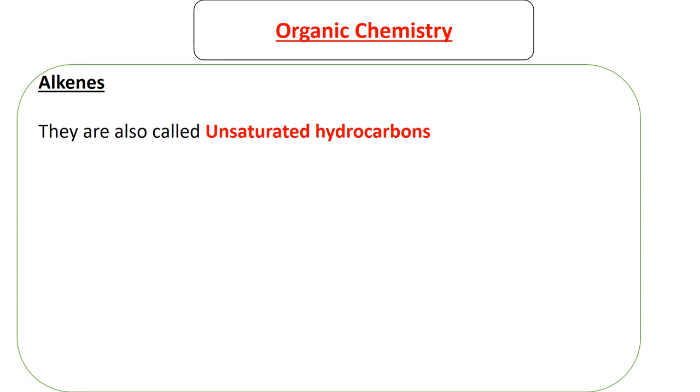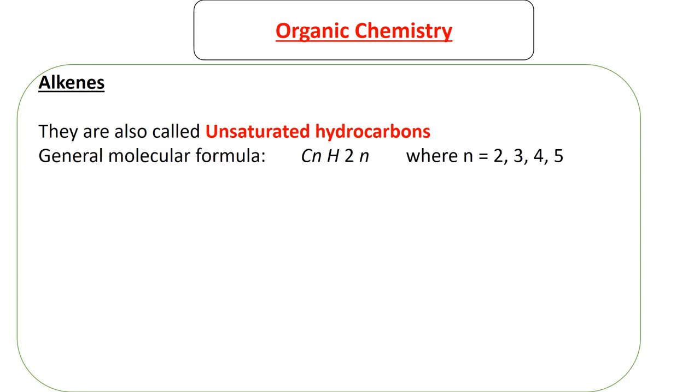Why are they called unsaturated? So there must be a reason why they are called unsaturated. The general formula for alkenes is CnH2n, where n can be an integer. So if C is 4 here, it means H is going to be 2 times 4, 8. So whenever you see a hydrocarbon that has the number of hydrogen atoms being twice the number of carbon atoms, then know that it is an alkene.